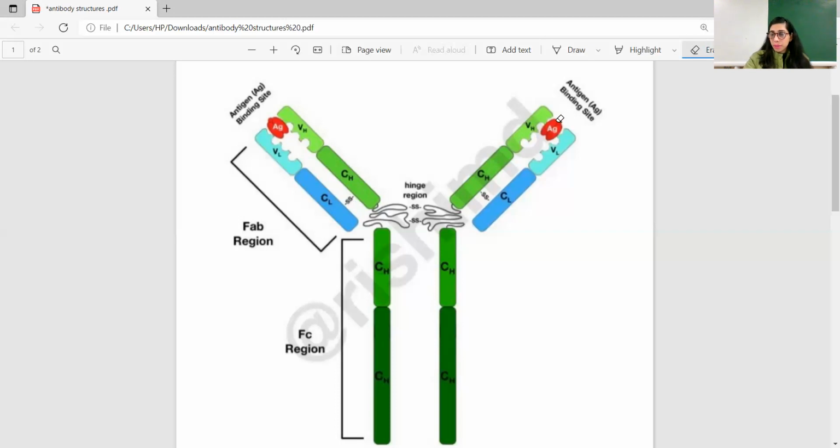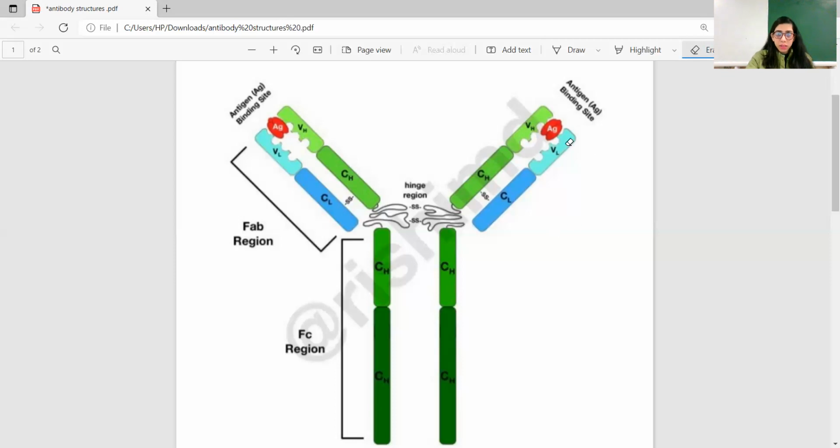Variable means which keeps changing. We know that antibodies are specific to a specific antigen. And we also know that one pathogen or one microbe cannot have only a single antigen. One microbe may have 2 or more antigens on its surface, and the structure of the antigens may vary. So antibodies have to change their structures.